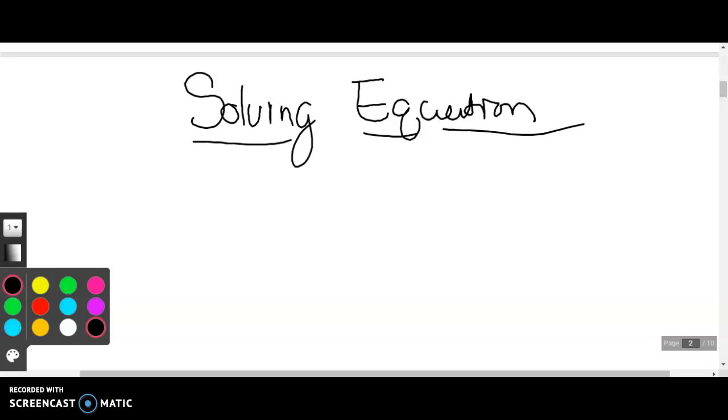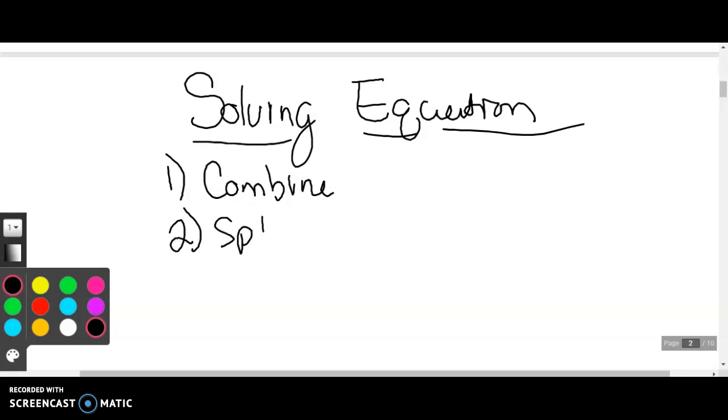And the answer is, I'll never know, but of course it would be helpful. So when we're solving equations, the steps are to combine like terms. Sometimes we need to distribute if necessary. Then, split. We're going to split our equation into two halves at the equal sign, because anything we do to one, we're going to remember that we have to do to the other.